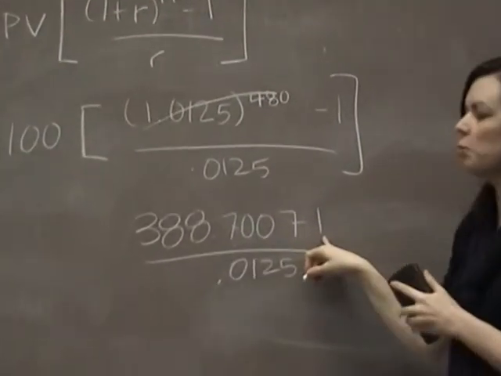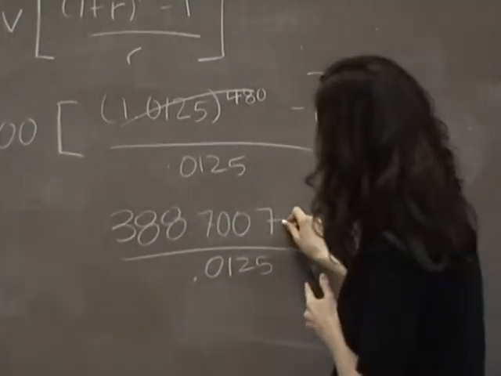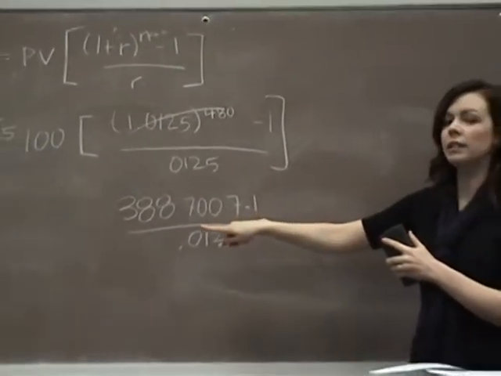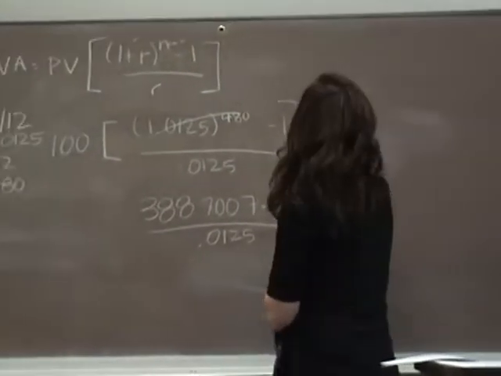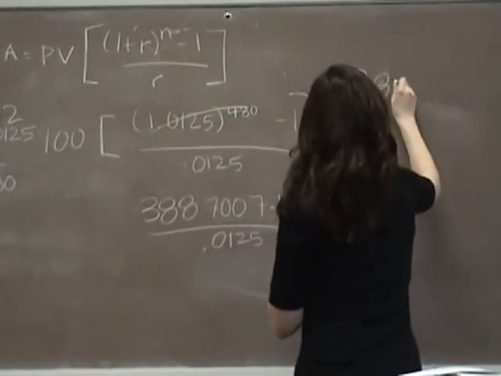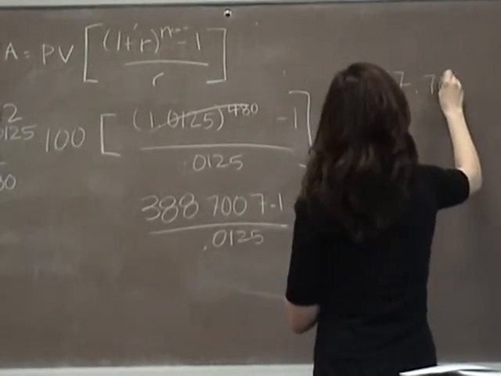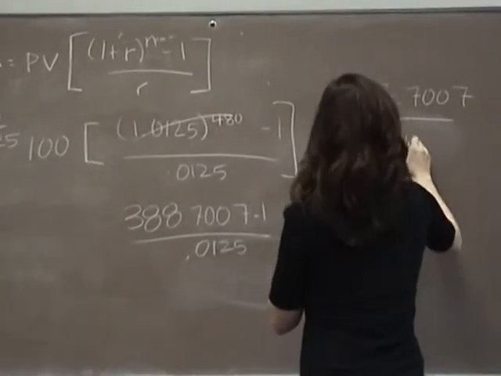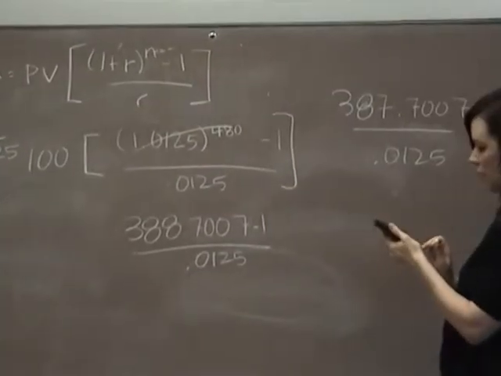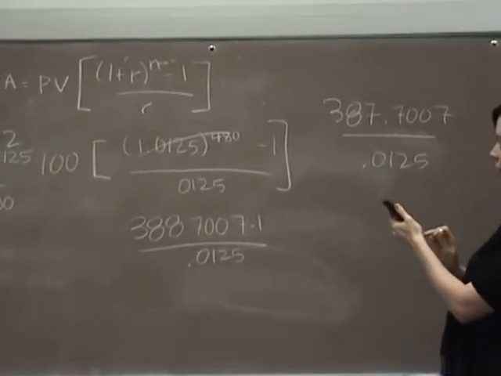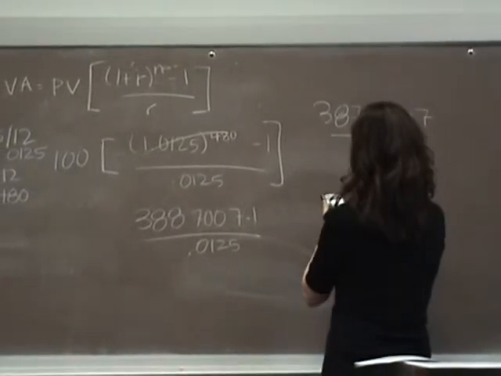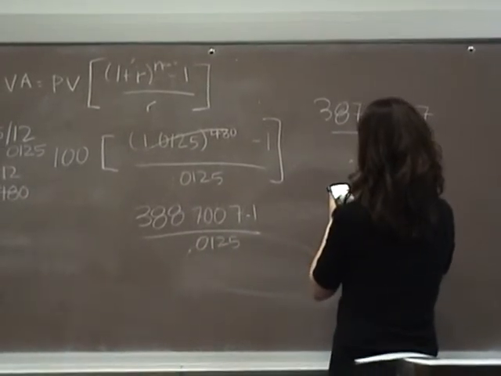I still need to subtract 1. That's subtract, kind of got stuck in my 7. I need to subtract 1 on the top of my equation. And then I need to divide it by my R, 0.0125, and I get 31,000.